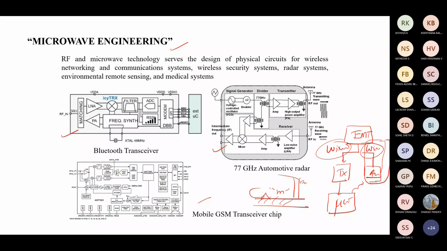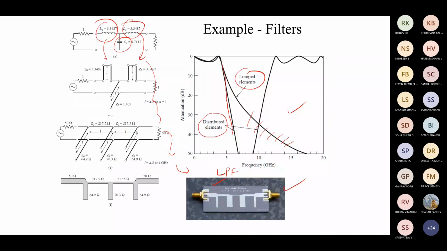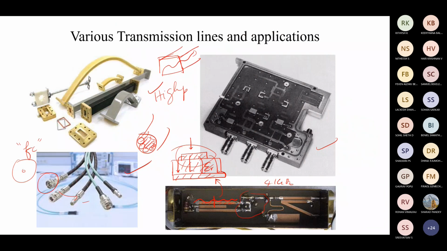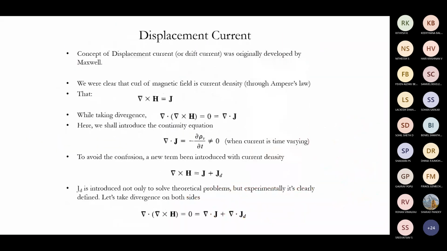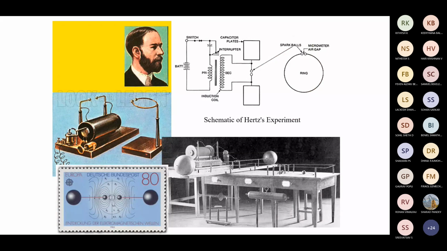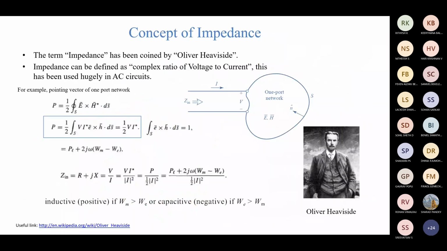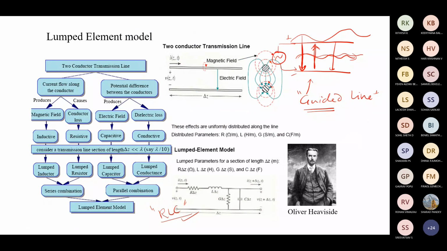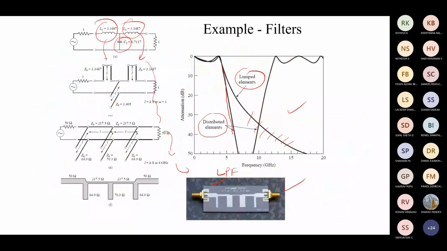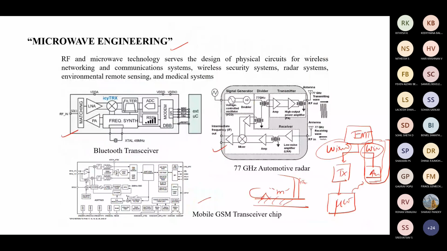So these are the three theories after electromagnetic field theory. First you will study transmission line theory, then antenna theory, then how to integrate these wired systems by means of microengineering. These are all very essential theories to develop the entire communication system.